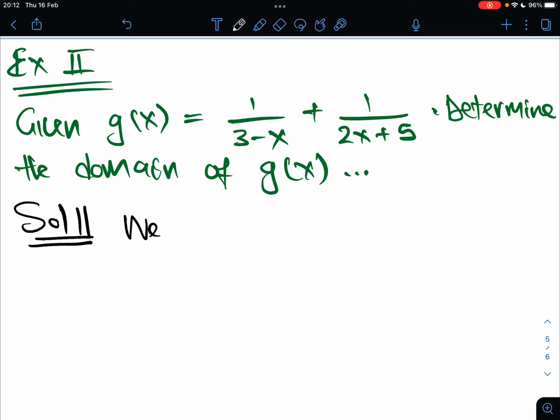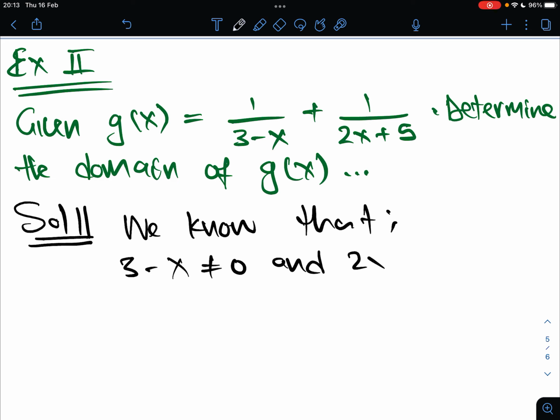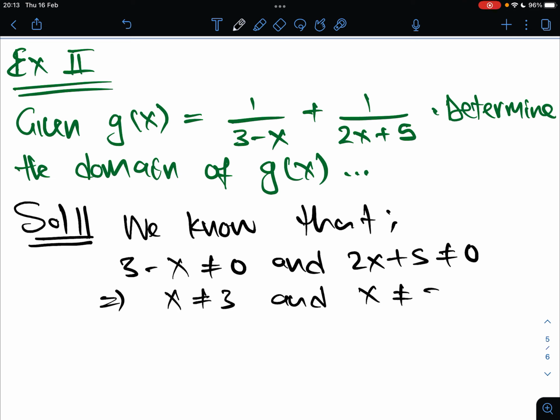We know that for fractions 3 minus x can never be equal to 0, and we know also that 2x plus 5 can never be equal to 0. So what follows from here? It follows that x cannot be equal to 3, and from this side that x cannot be equal to negative 5 over 2. You see that? So the domain of this function is everything except these two numbers.